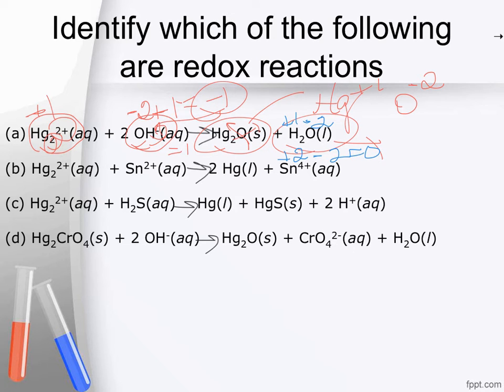Now we compare oxidation numbers on both sides of the equation. Mercury goes from a +1 to a +1, no change. Okay, let's look at oxygen. It goes from -2 to a -2, no change in oxygen.